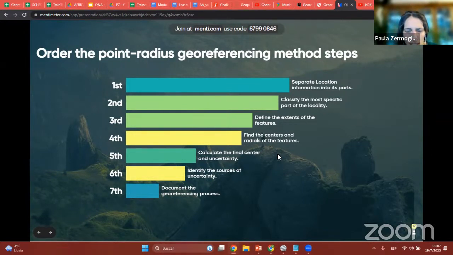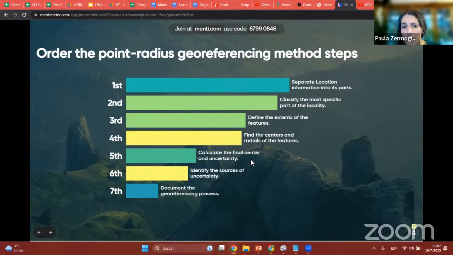And then we have the fifth and sixth steps. Here they are switched. Why? Because here you have put as fifth step, calculate the final center and uncertainty. That is the overall uncertainty. And the next one says, identify the sources of uncertainty.